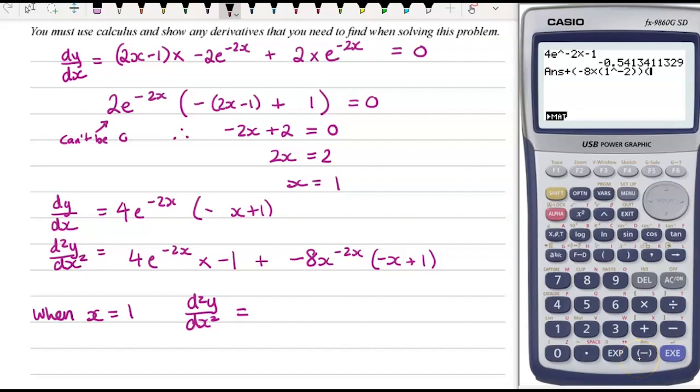Okay, so we actually are going to end up with that second term being equal to 0. So in the end, we have minus 0.541. This is less than 0. Therefore, there's a maximum at x equals 1.